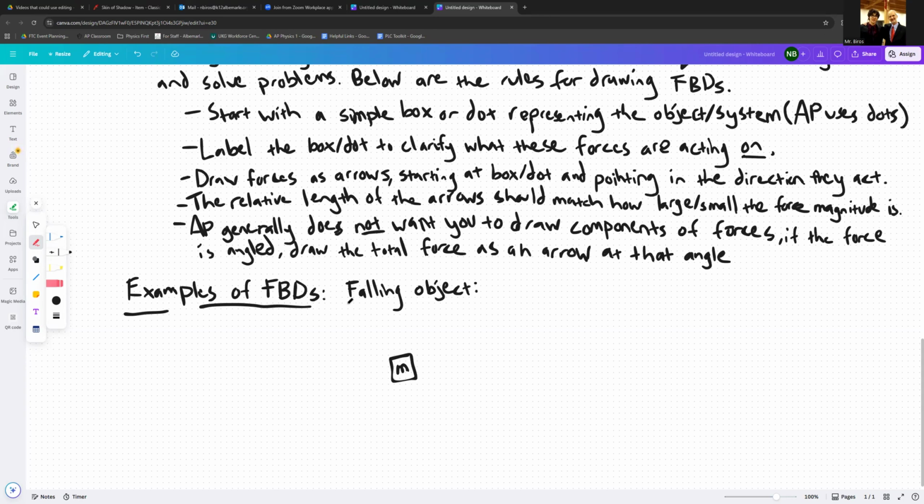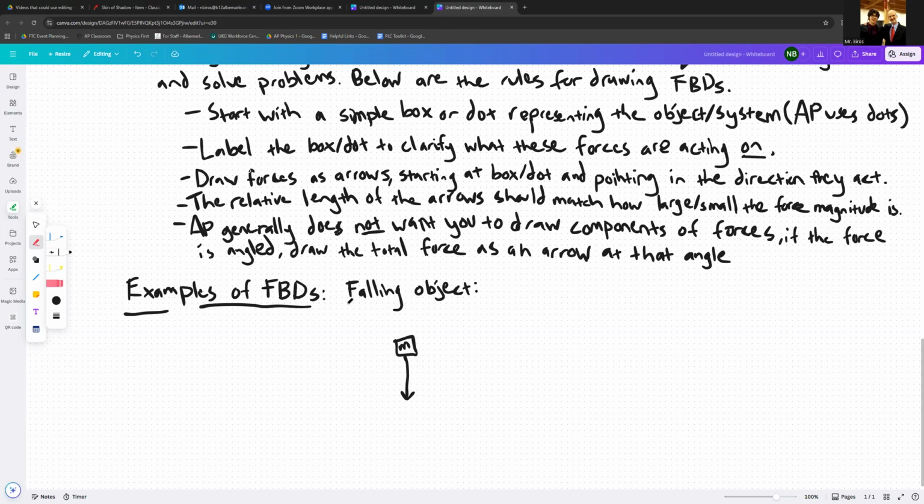Okay, but the important thing here is we draw a box or a dot, but I'm going to do a box, and we draw the forces acting on it. I'm going to scoot it up a little bit here, because I want to leave plenty of room for things. All right, I'm going to draw two forces. One is gravity. We know gravity acts downwards. So again, I'm going to start on the box itself and draw an arrow straight downwards.